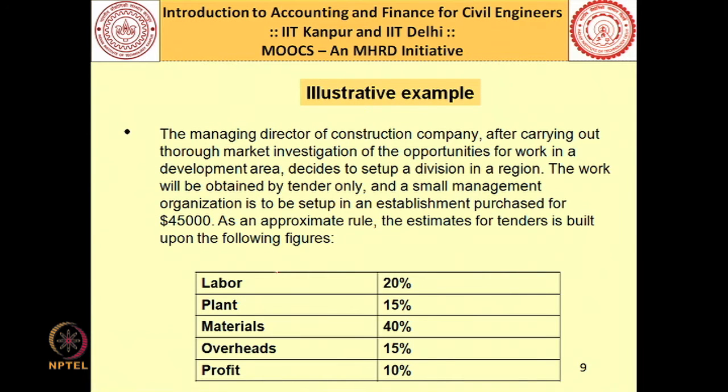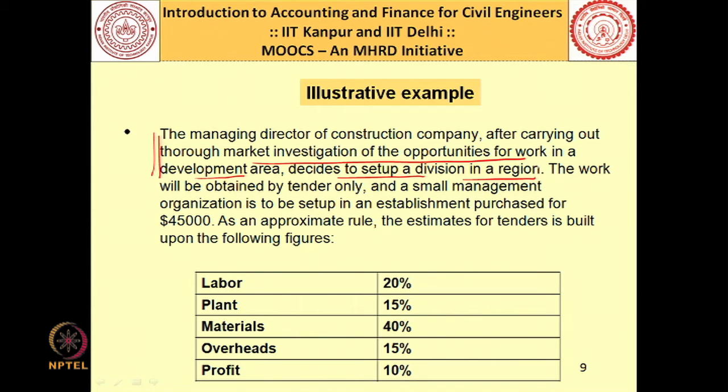What we will do is try to illustrate the requirement of working capital with the help of one small example. In this example, it is given that the managing director of a construction company, after carrying out thorough market investigation of the opportunities for work in a development area, decides to set up a division in a region. So, the company wants to establish a division in a particular area.